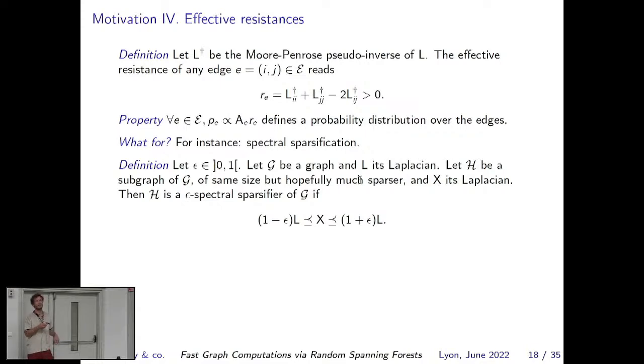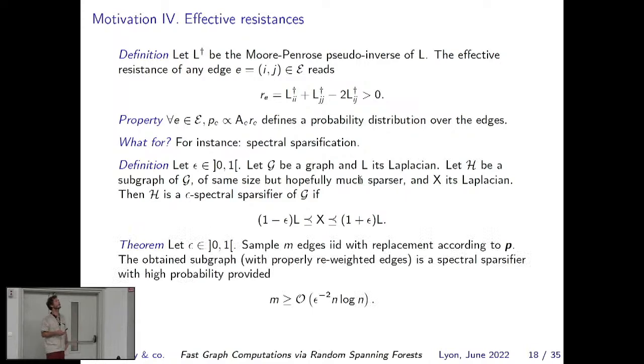The subgraph has n nodes as well. It's just much sparser, so the number of edges of the subgraph is much lower, and I call X its Laplacian. And I just say that by definition H is an epsilon spectral sparsifier of G if it follows this inequality here, where the inferior equal is understood in the PSD, positive semi-definite sense.